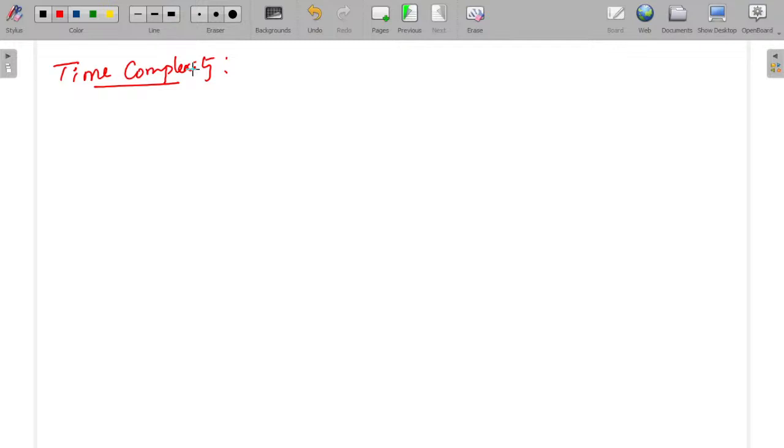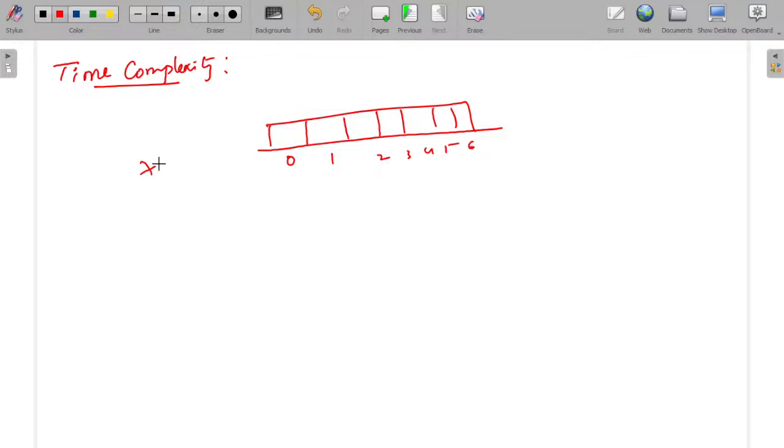For example, say we have an array of size 7, with indices 0 1 2 3 4 5 6. So the total number of values that we have here is 7.